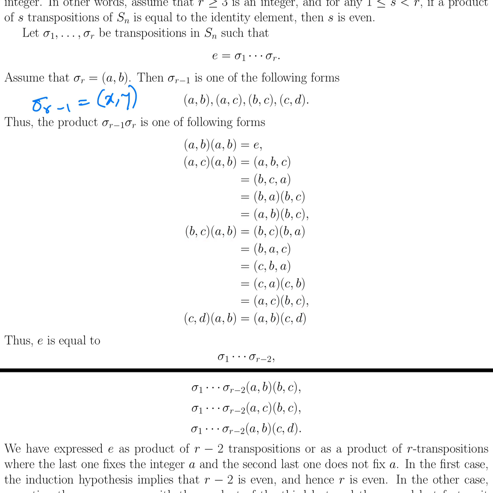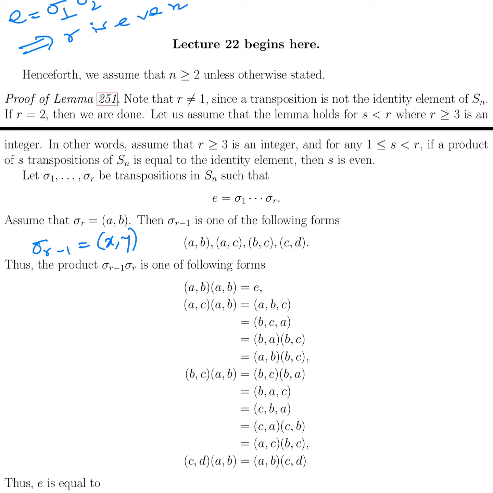Anyway, so in the first case we have expressed it as identity. So sigma r and its previous element, I mean previous transposition, sigma r minus 1, their product is the identity element. So this turns out to be the identity element, and in that case, in the specific case, identity element is expressed as sigma 1, sigma 2 till sigma r minus 2.